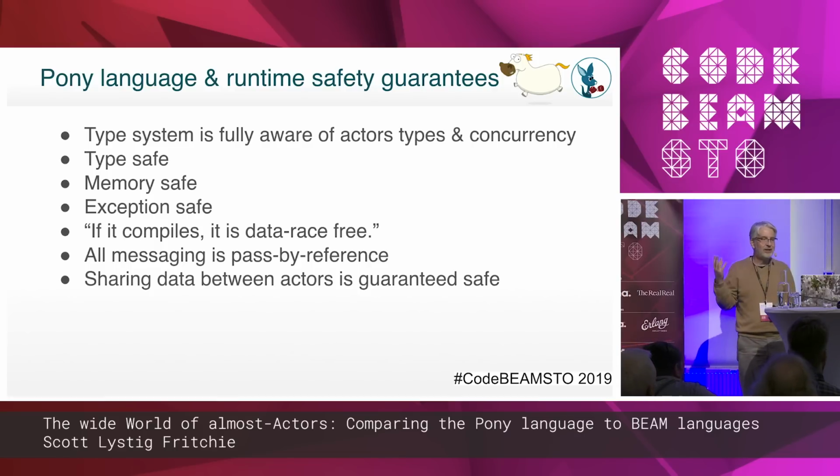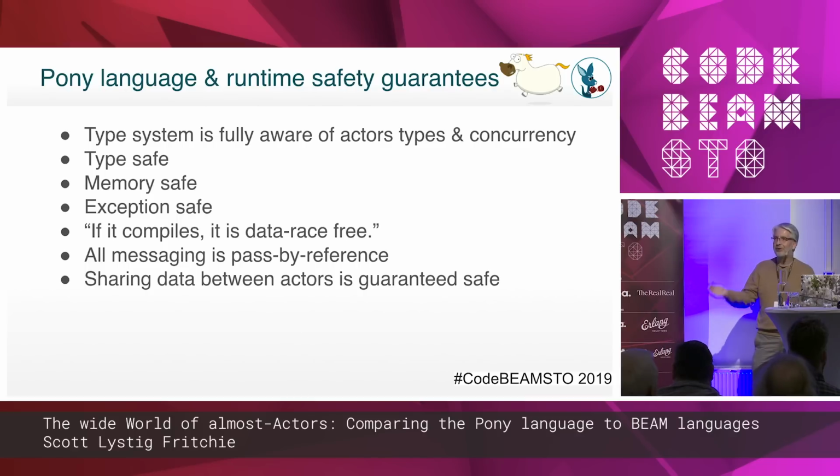The language is type safe. The compiler is very, very picky in checking all of the types. It's also memory safe and exception safe. So once the compiler gets through its work, if it compiles, your program is automatically data race free, which is pretty amazing. All the messaging is done by pass by reference.